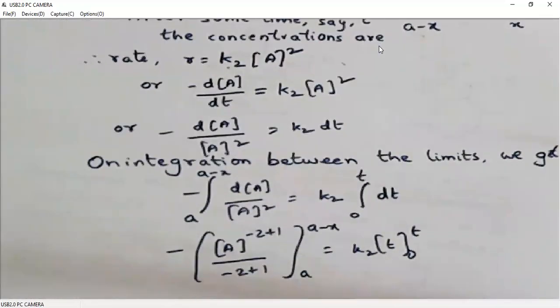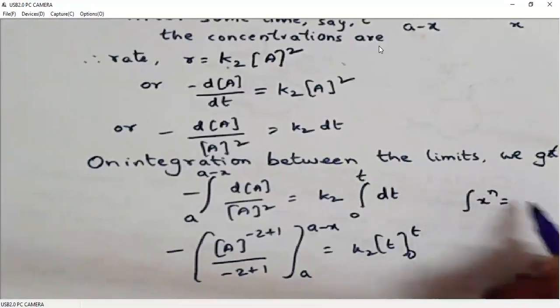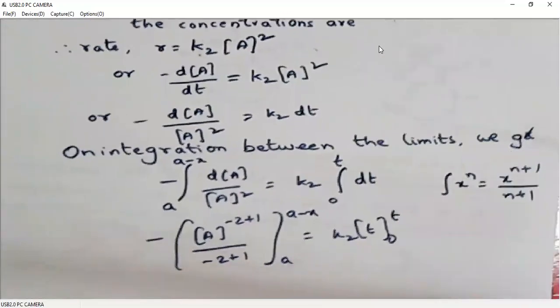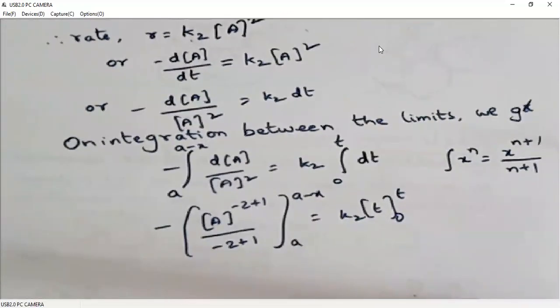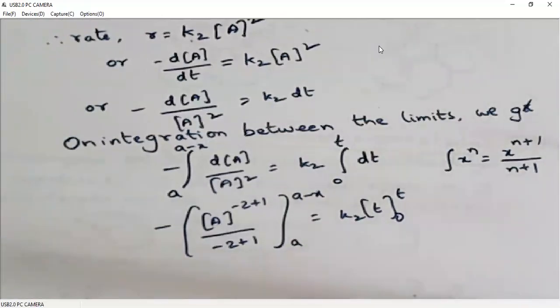So when we look at the formula, integration of x power n is equal to x power n plus 1 by n plus 1. So this is the formula. Now we need to substitute the variables and we will simplify it.